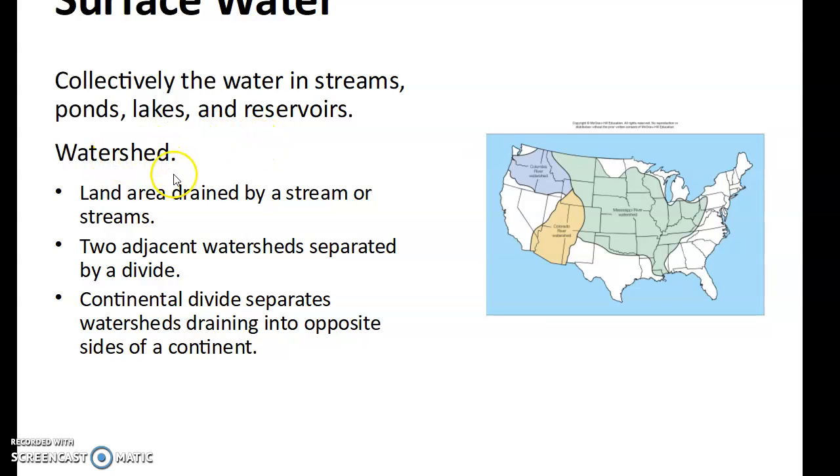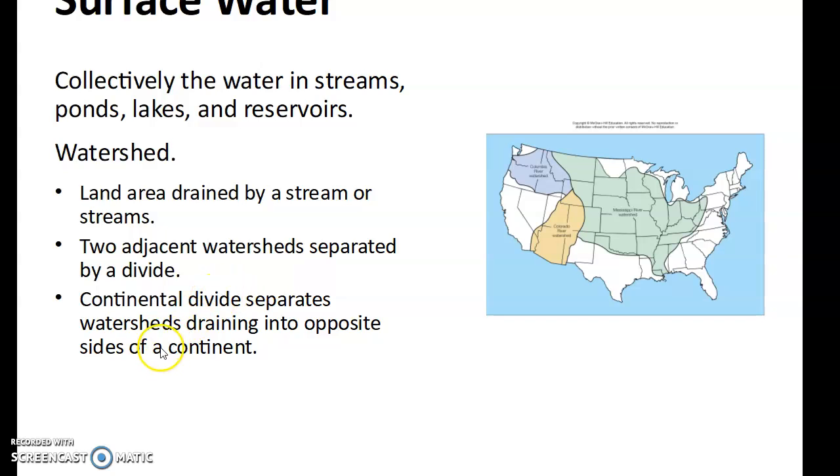This is a watershed. Is the land's area drained by the stream or streams, right? So we've got the White River watershed, and we've got the other ones in our area here. 2 adjacent watersheds separated by the divide, right?